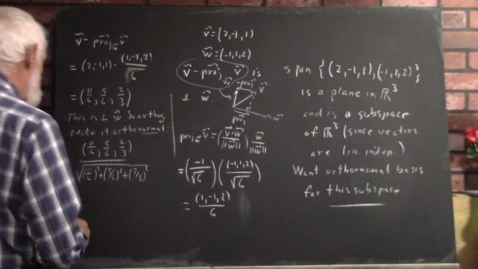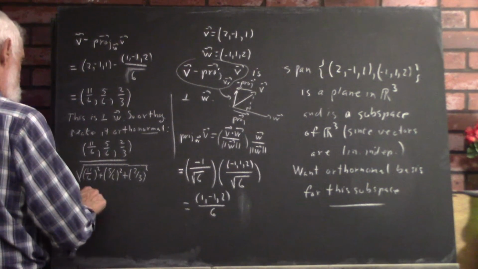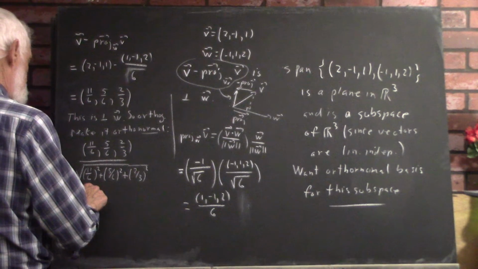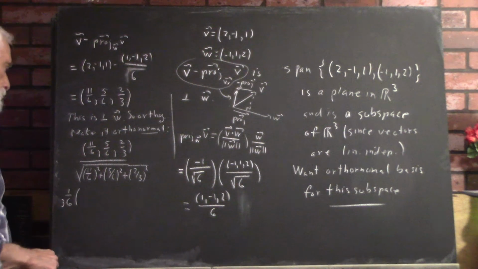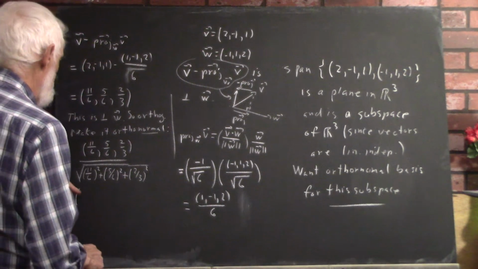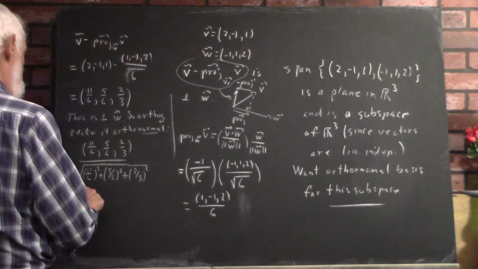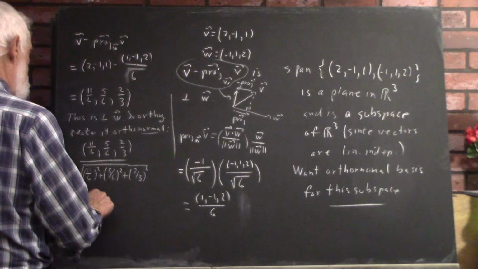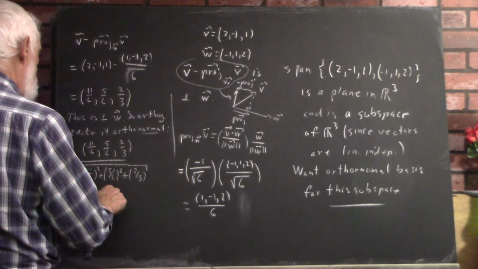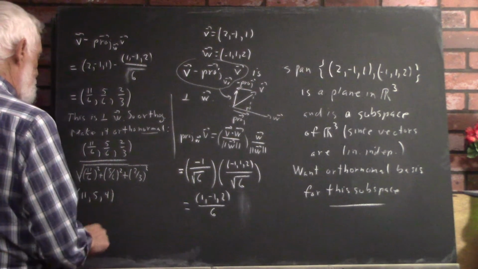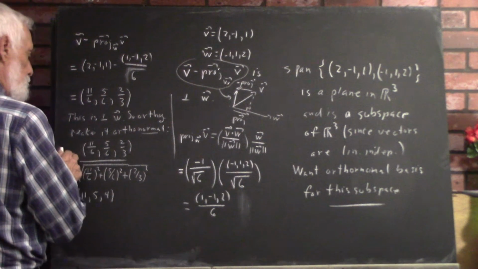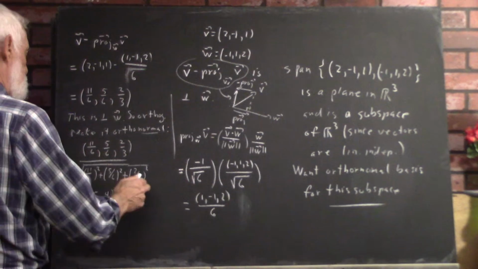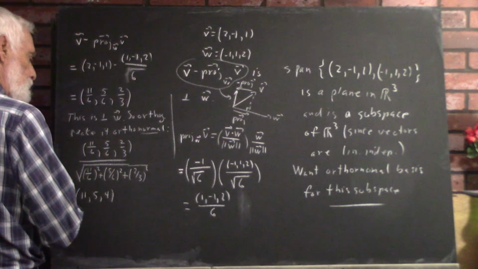I put these over common denominator 6, factored out a 6 here, and factored out a 36 out of this expression.